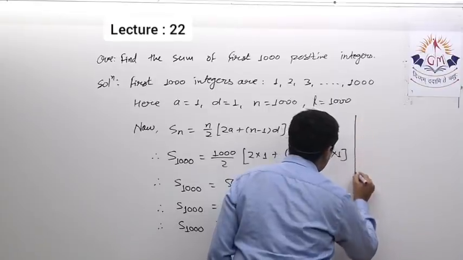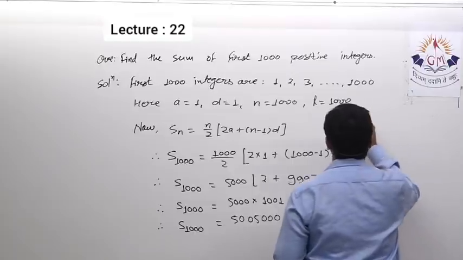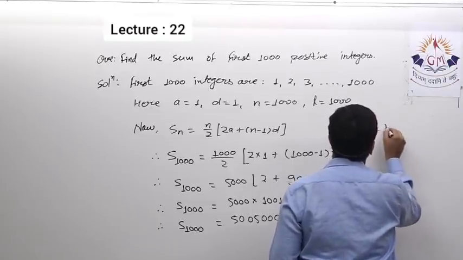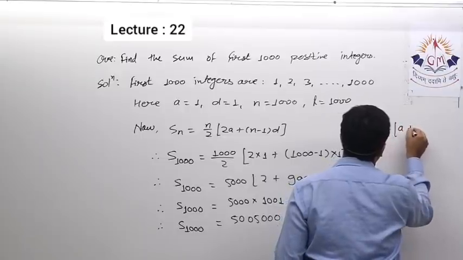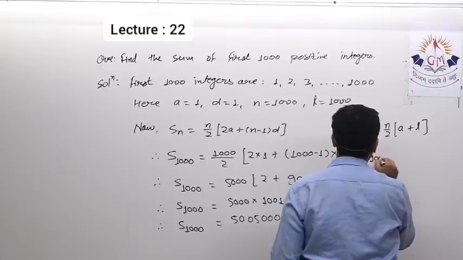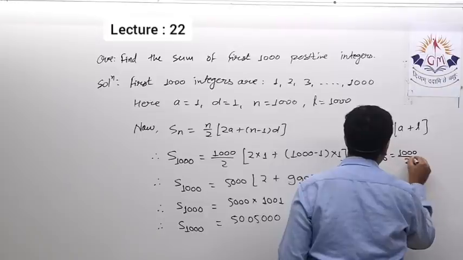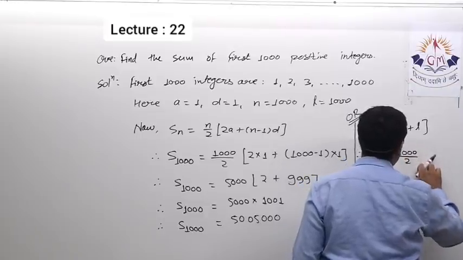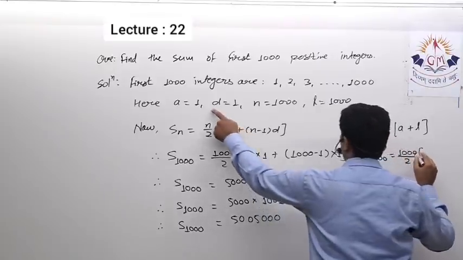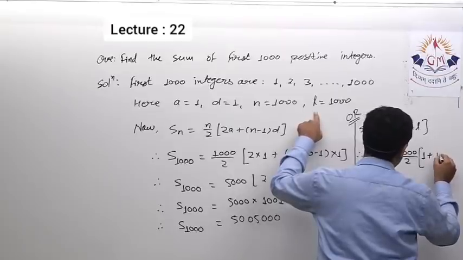Now let us see the same solution with the help of another method. Sn is equal to n by 2 times a plus l. So S1000 is equal to 1000 by 2 into a plus l, that is a is 1 plus l is 1000.